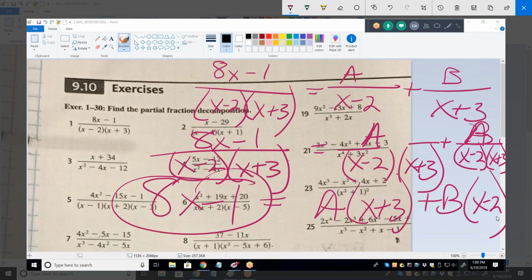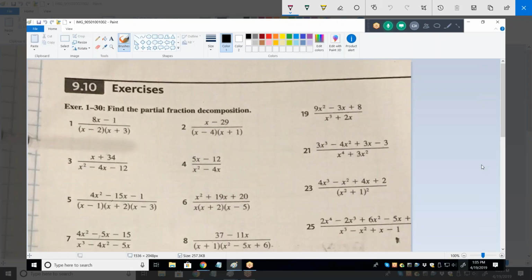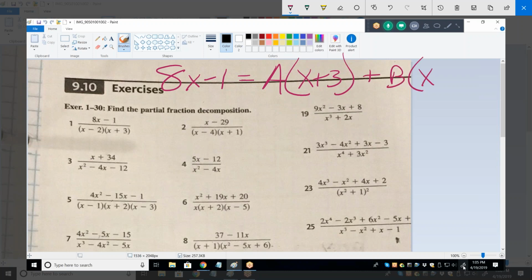Now, when you get to this step, there's some nice techniques you can use. Let's see if I can recreate it from memory. 8x minus 1 has to equal A times x plus 3 plus B times x minus 2.